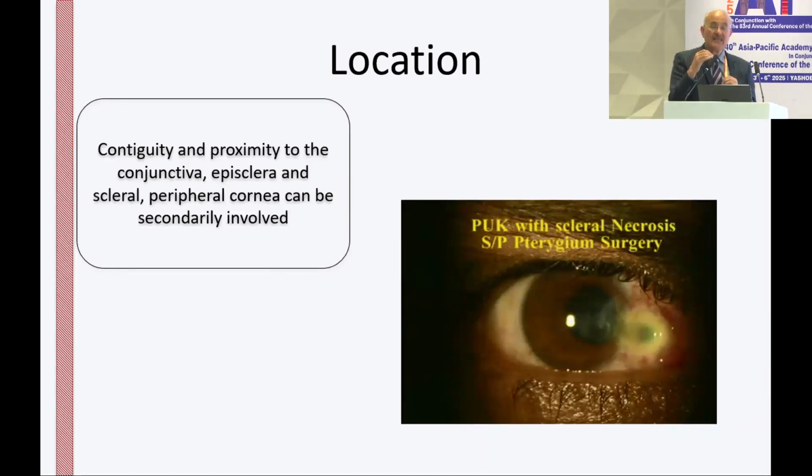Third, it can be an infectious scleritis at the site of surgery. So all three are very different, and it's very important to make a distinction because the treatment is very different. For SINS, you need immunomodulation. For ischemic necrosis, you need to promote healing, and for infection, you need to make a diagnosis and treat with antimicrobials. So these are the kinds of pearls that we will be sharing.